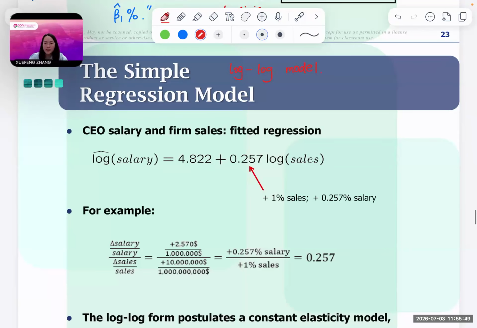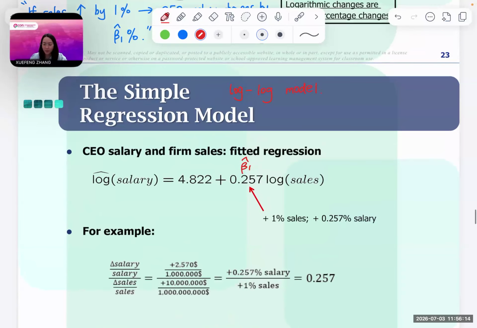Okay, the result, beta 1 hat equals 0.257, means that if firm sales increases by 1%, CEO's salary increases by 0.257%. Okay, this is very simple. Just both are percentage changes.